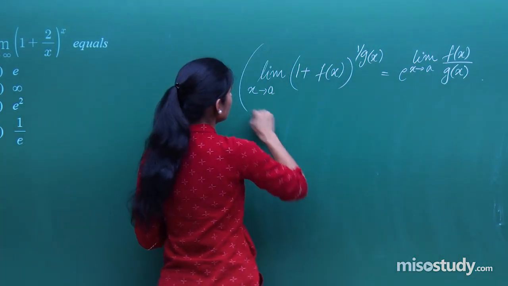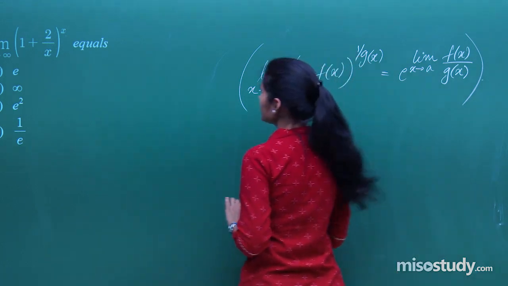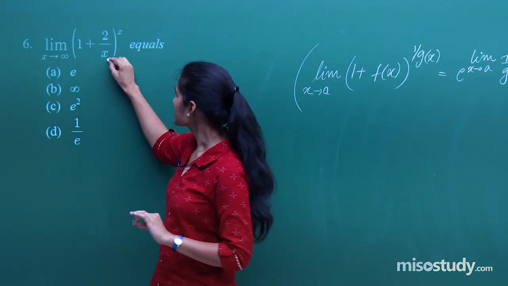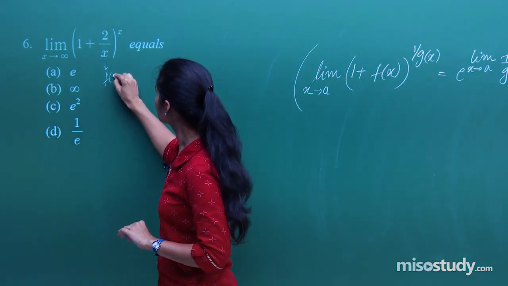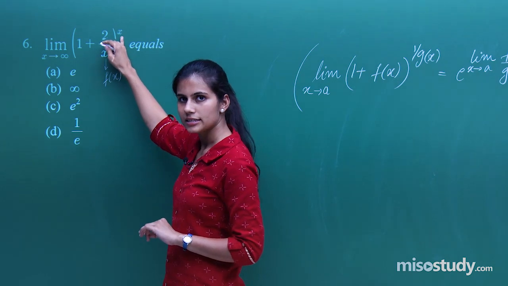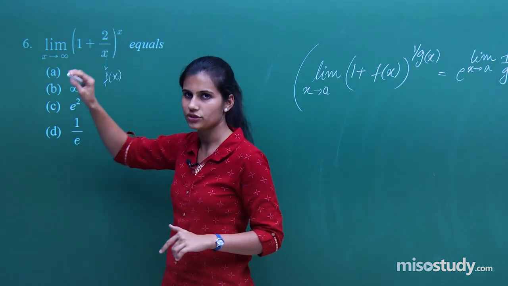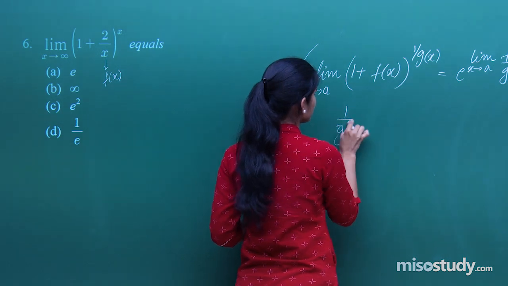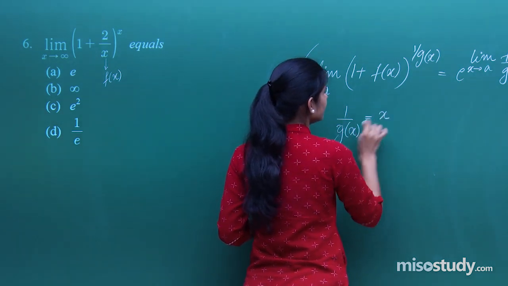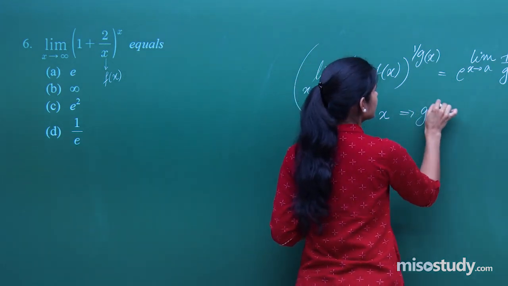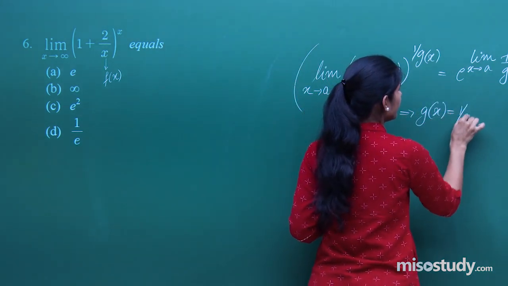Understood? So in order to use this, how is this particular expression helping me? 1 plus 2 by x, so let me take this as fx and this is my 1 by gx. If 1 by gx is x, then clearly gx is 1 by x.